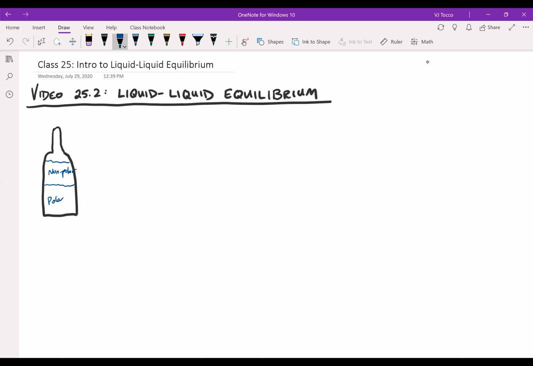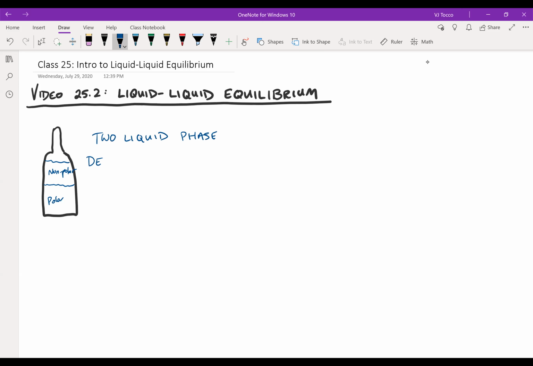So two liquids in a bottle. If you take this bottle out and you shake it up, you can get them to mix, but there's still two distinct phases, as evidenced by if you let it sit for long enough, they separate into two phases. So two liquid phases. And because there are two phases, one of them will usually be more or less dense than the other.